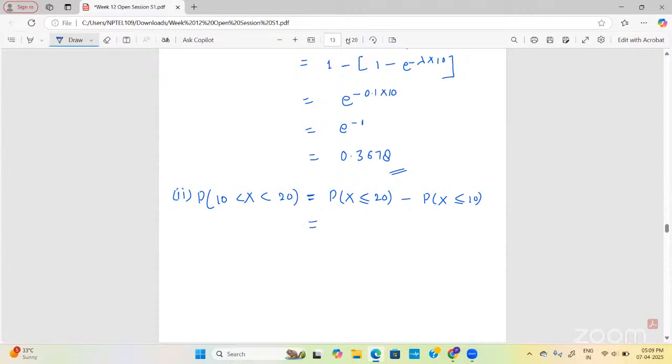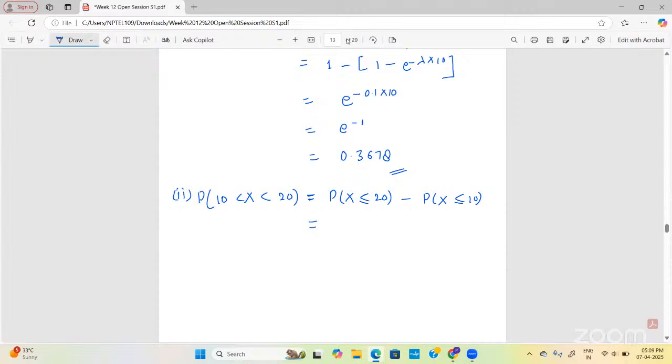Now again you can see this is what? Again this is CDF. Right? Is this clear to everyone?